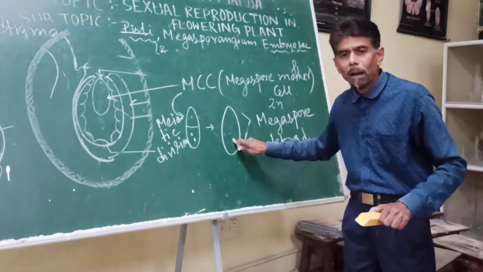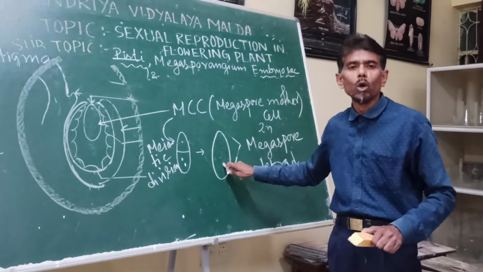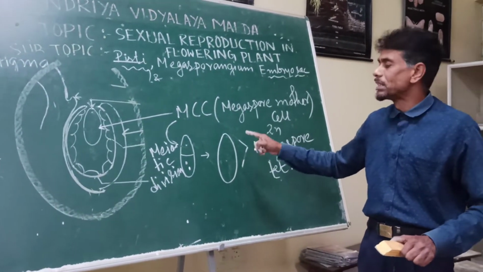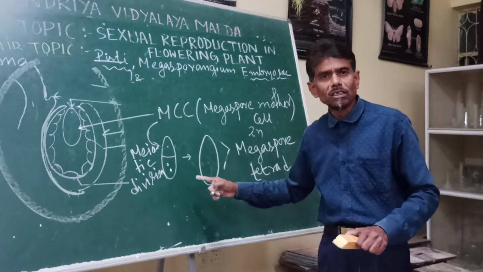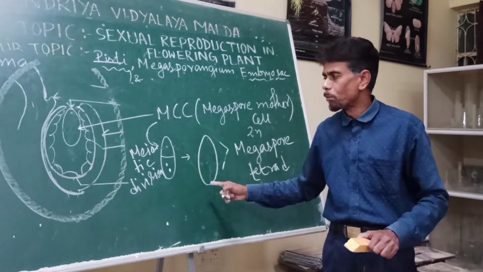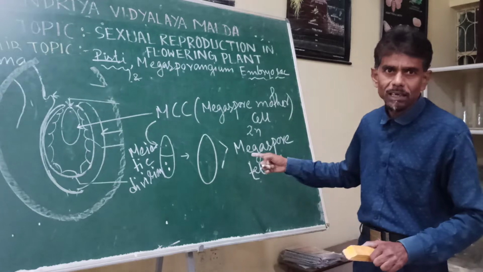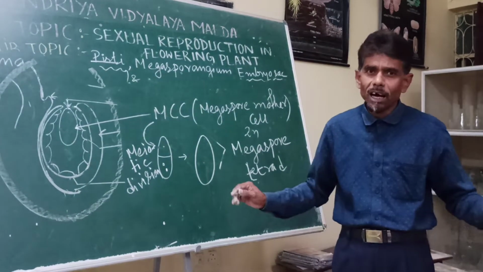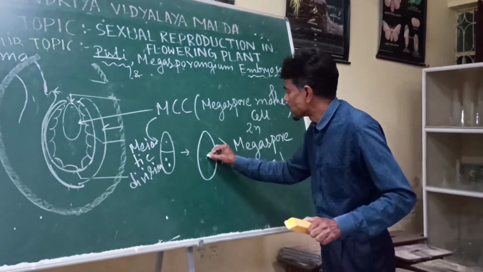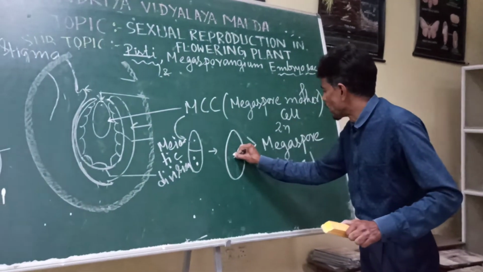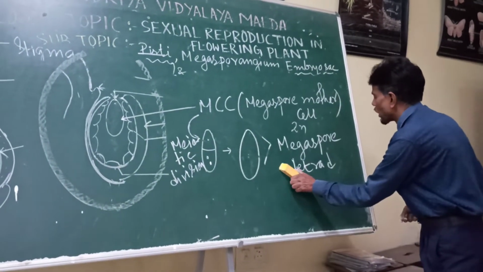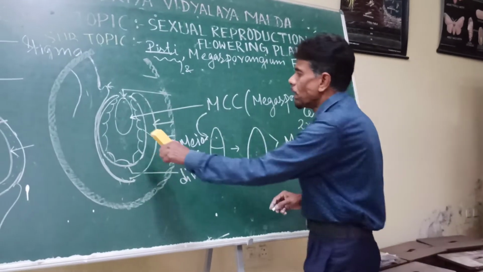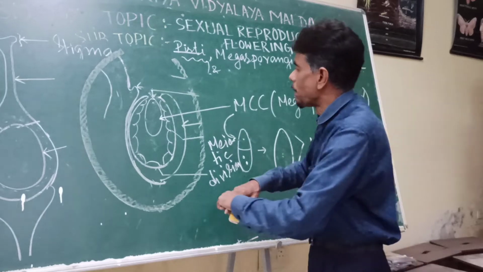This type of development is called monosporic development, because a single functional megaspore develops into the embryo sac. Is that clear to you? From the megaspore tetrad a functional megaspore develops within the ovule.